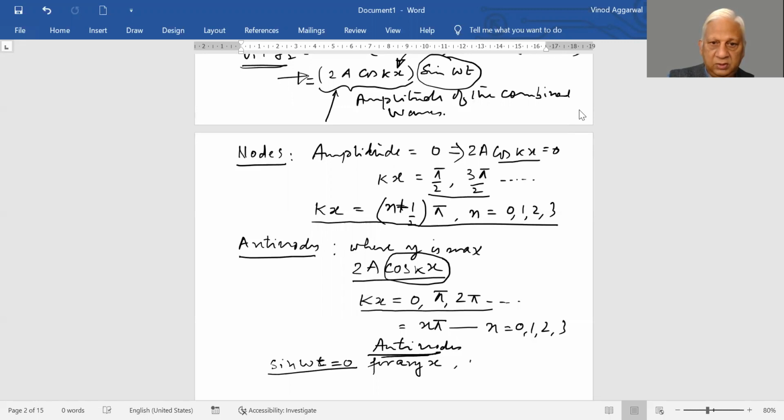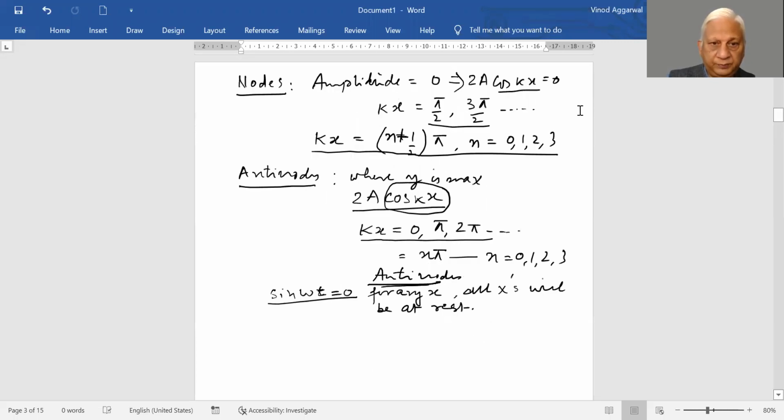All such points, all x's, will be at rest, which means the wave we see looks to be stationary, because here y is 0 for all x.